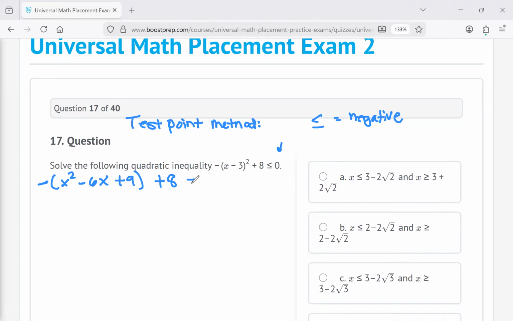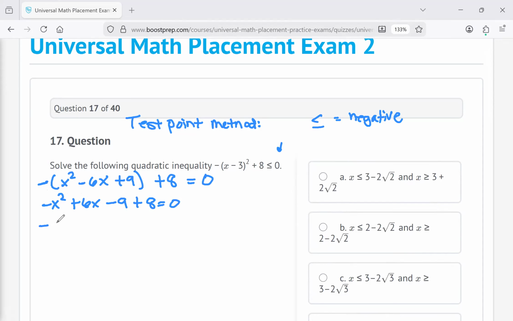And then I'm going to set this to 0 because I want to solve for x for right now. Then what I'm going to do is FOIL out this minus. So it's going to be minus x squared plus 6x minus 9 plus 8 plus 0.